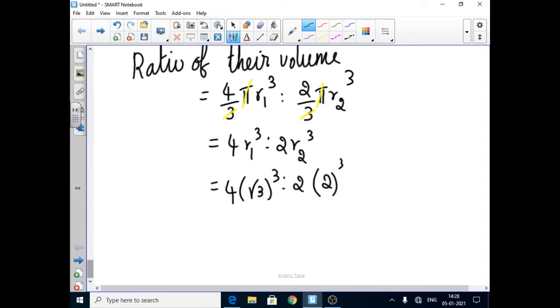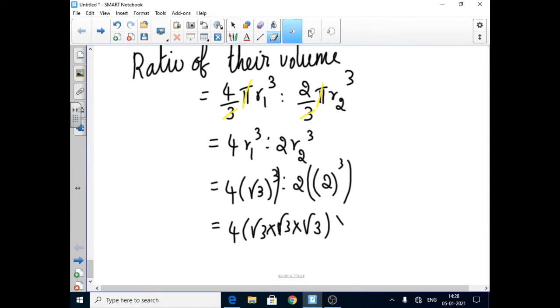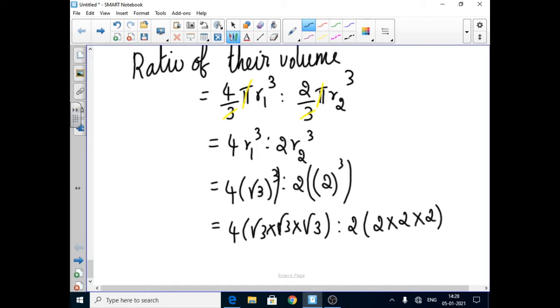So it is equal to 4 into √3 cube, meaning √3 into √3 into √3, is to 2 into 2 into 2. So 4 into √3 into √3 is 3, times √3. So 4 into 3√3 is to 2 2s are 4, 4 2s are 8, 8 2s are 16.